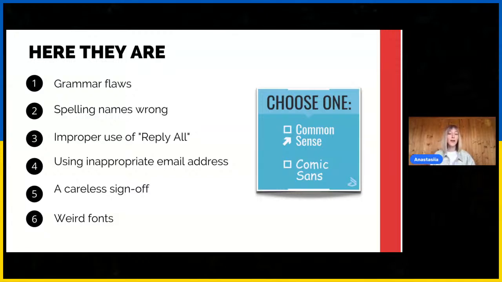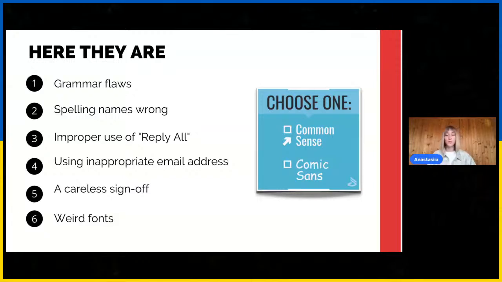The next one is using the reply all button. Sometimes, especially if we have a lot of members in the company or in the team, we can send one message and it can be received by many people at the same time. But let's imagine that you receive the message and you want to leave your comment, and you want this comment to be read only by one person, maybe the author of this email.